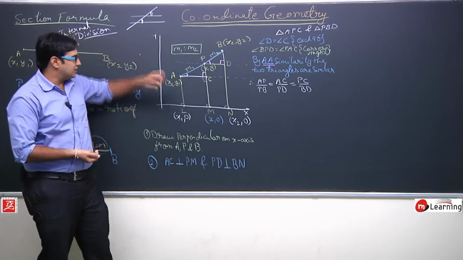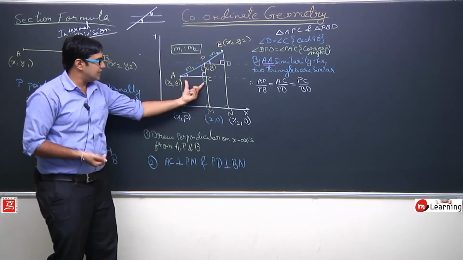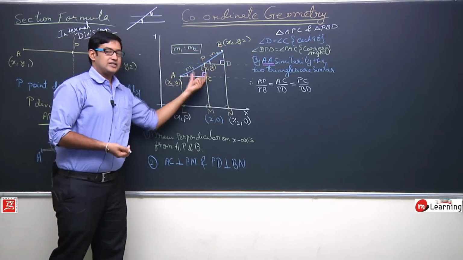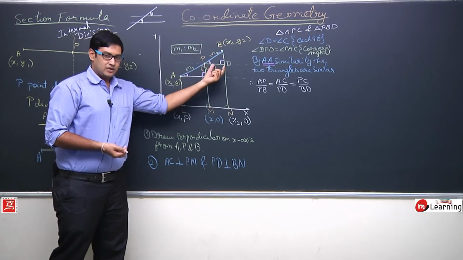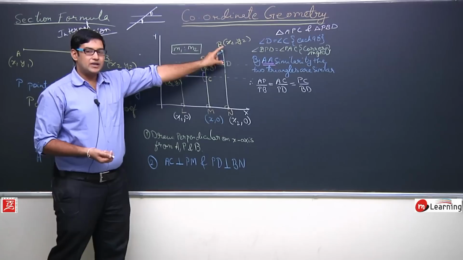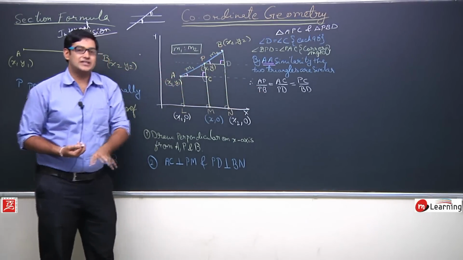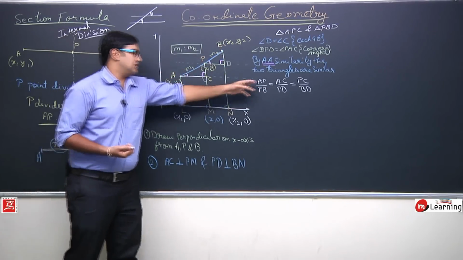What I have written is AP upon PB is equal to AC upon PD. These are the two corresponding sides, and is equal to PC upon BD. The ratio of the corresponding sides should be the same. So this is the ratio.